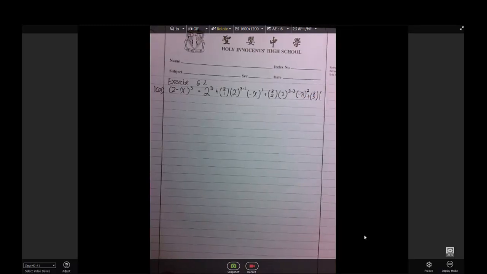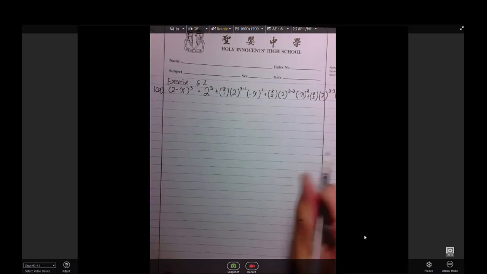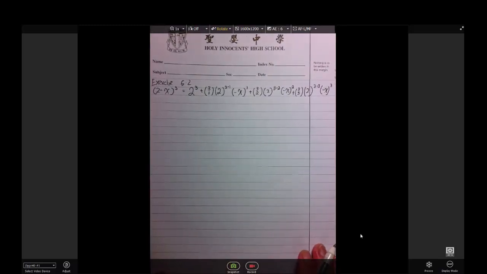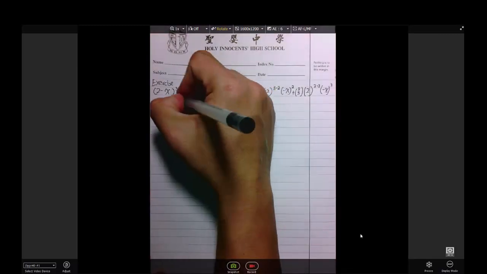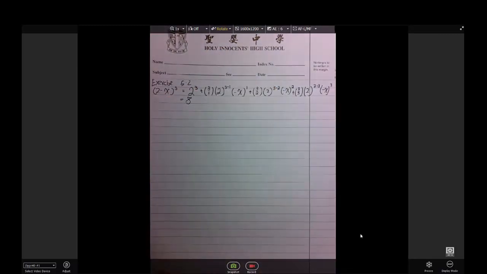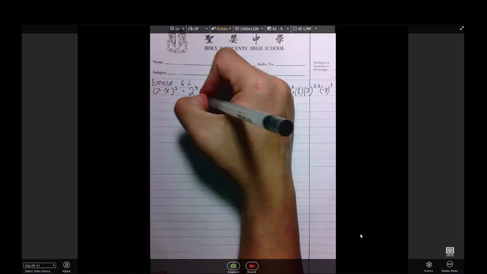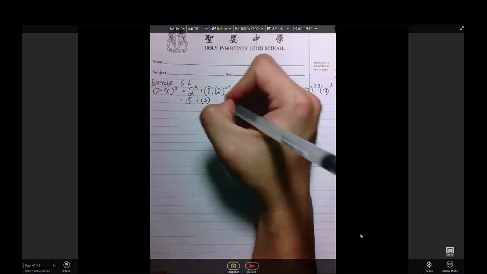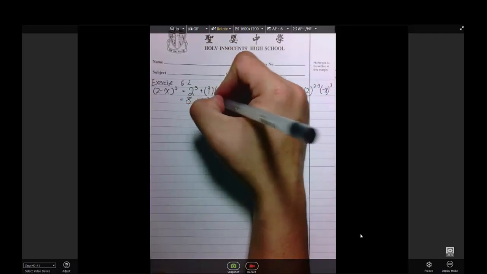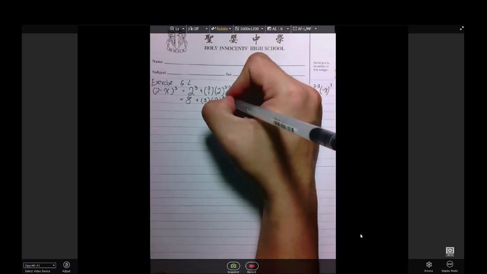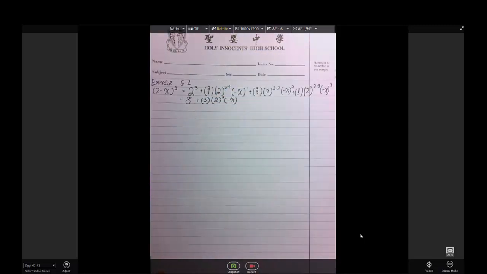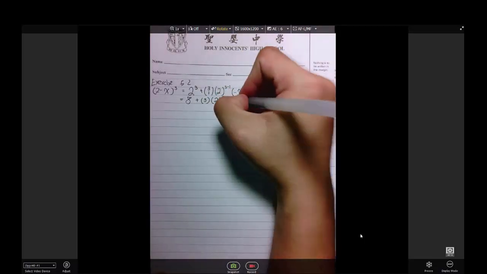Then we have 2 to the power of 3 minus 3, negative x to the power of 3, like this. Then here is where we have to simplify everything. 2 to the power of 3 is 8. 3 choose 1 is 3, sorry. And here will be 2 squared times negative x plus 3 choose 2.